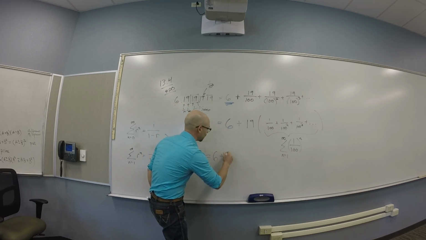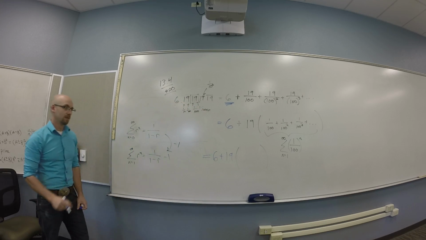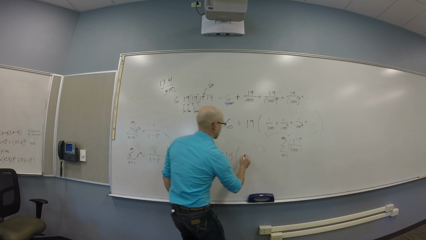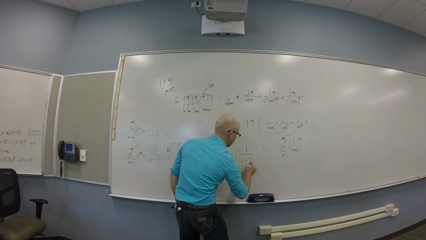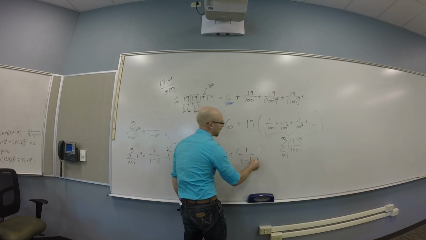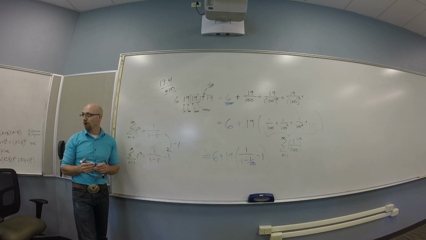So we got 6 plus 19, and then what's our sum there? About 1 over 1 minus 1 over 100. Right, that's my 1 over 1 minus r. And then I needed to subtract 1 to get things to work. Fix the index problem.